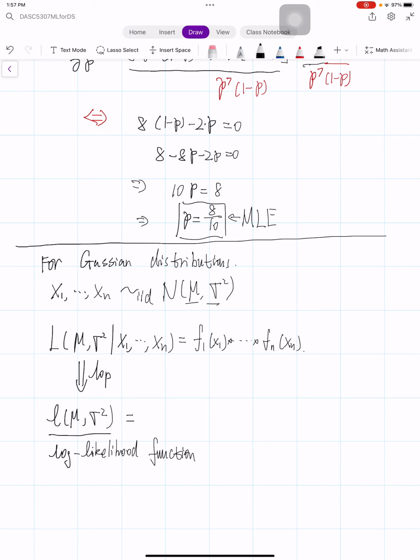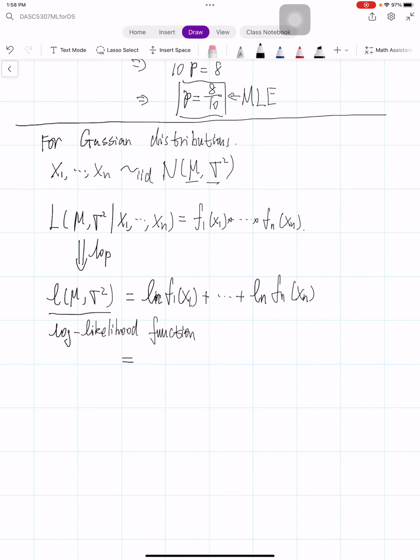So this equals, taking the natural log, ln f1(x1) plus through ln fn(xn).